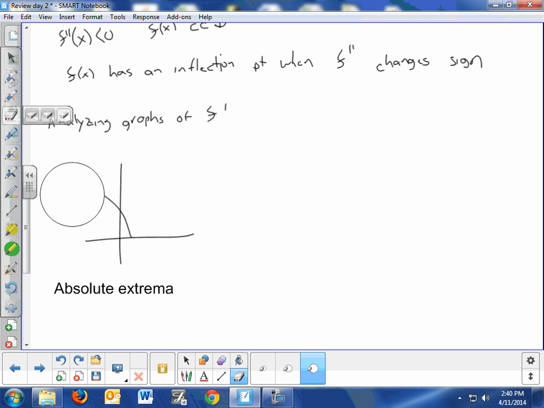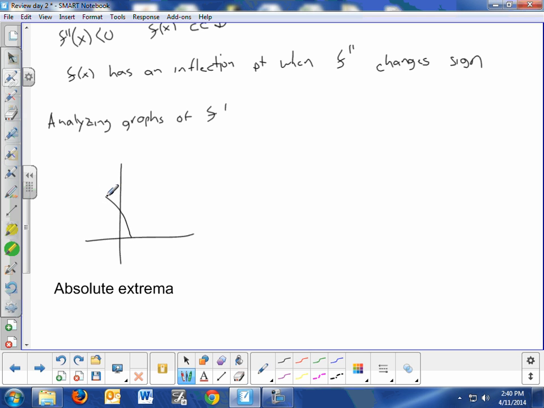Let's do this. This is the graph of f prime. This point here is A. This point here is B. This point here is C.